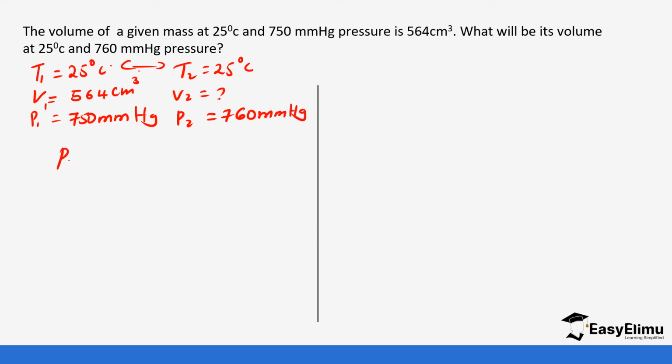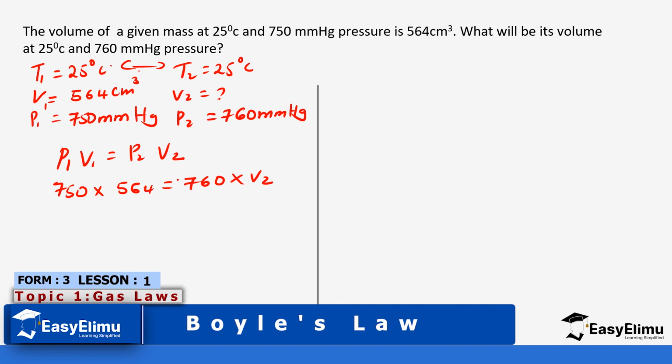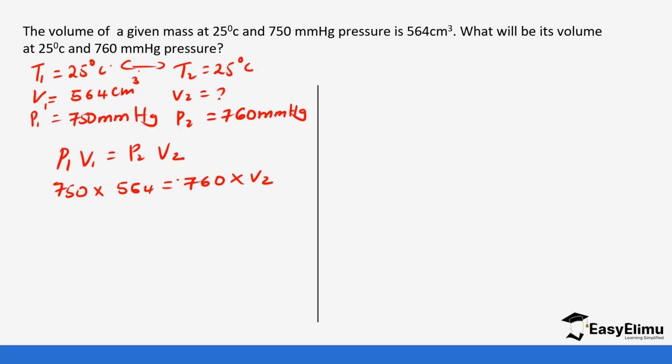So we said it is P1 V1 is equal to P2 V2. So our P1 is going to be 750, our V1 is going to be 564, is equal to P2, which is 760 times V2. This tells us this is going to be 750 times 564, which gives us 423,000 is equal to 760 V2.